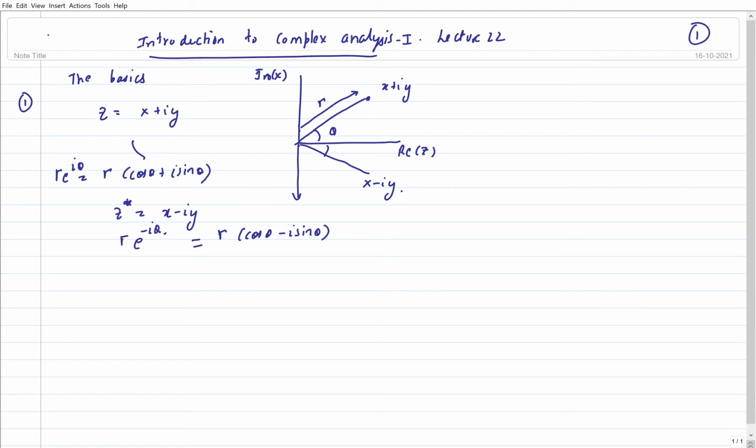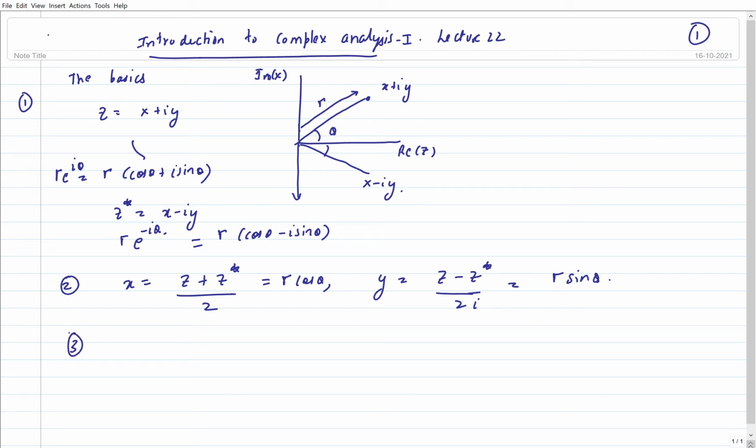So what are the relationships between them? Well, the real part is z plus the complex conjugate divided by 2, which is nothing but r cosine theta. The imaginary part is z minus the complex conjugate divided by 2 iota, or that's r sine theta.